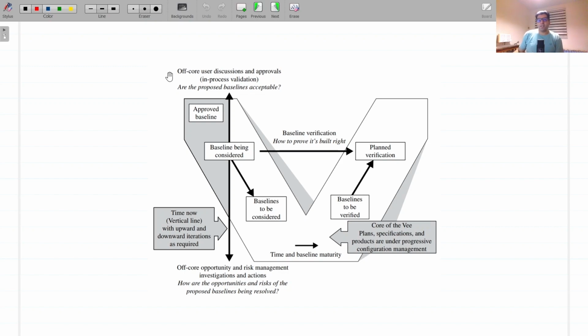On the other hand, the essential upward off-core stakeholder discussions and process validation ensure that the proposed baselines are acceptable to management, customer, user, and other stakeholders.